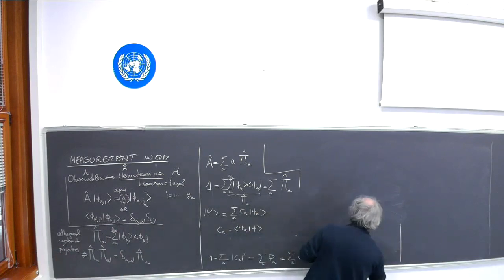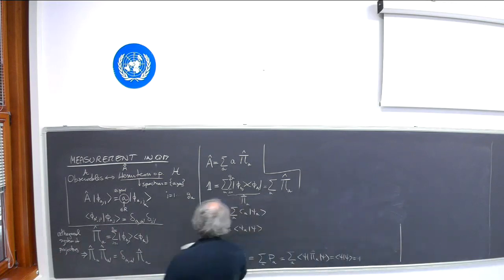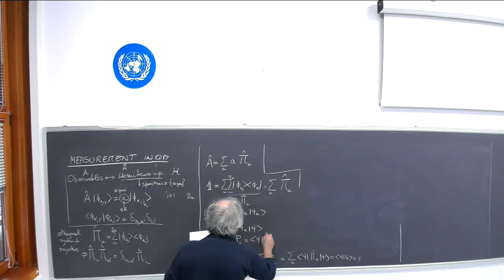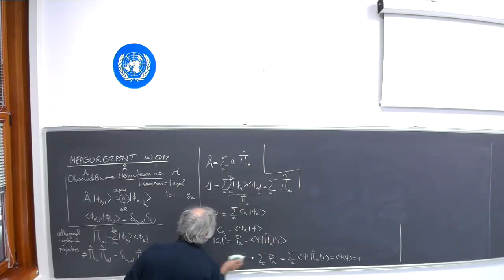Don't worry, it's in the notes, but I will write now for you the fact that the modulus square of C_A is equal to P_A, which is equal to psi pi_A psi. So the probability P_A.